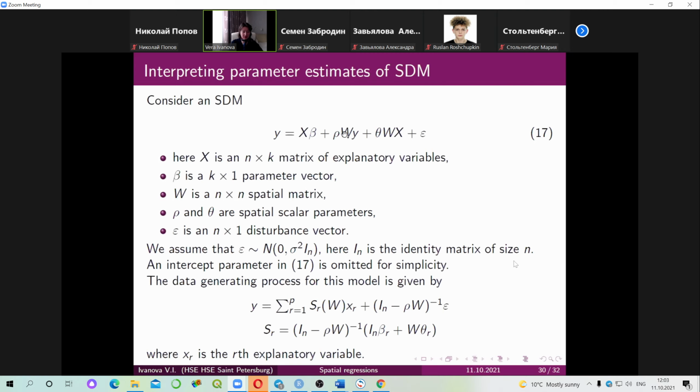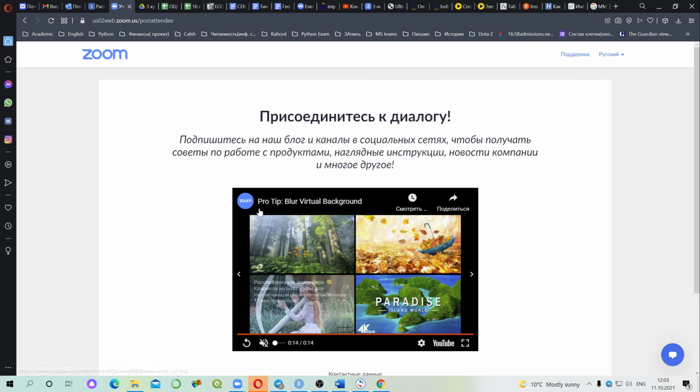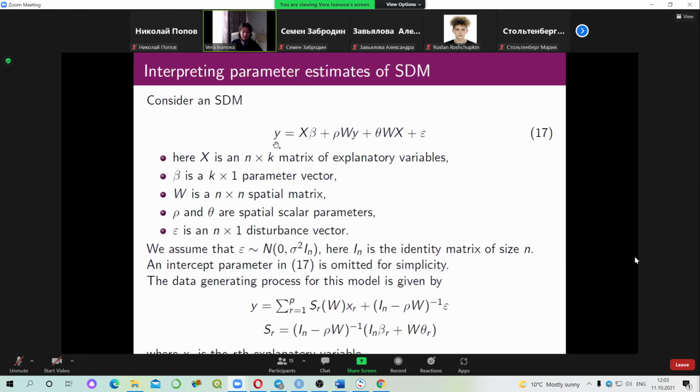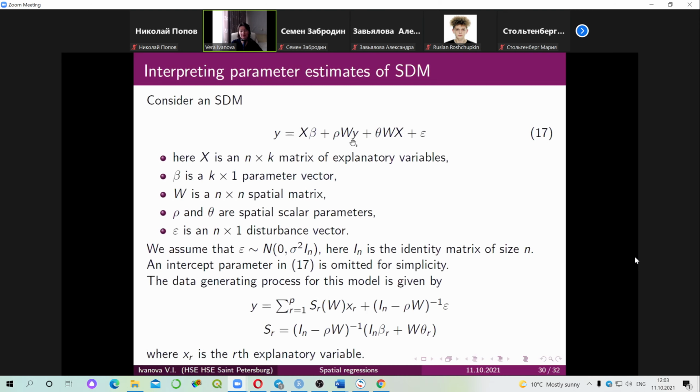Because we cannot say that we change x and the dependent variable will change by this value. Why? Because we have this term.